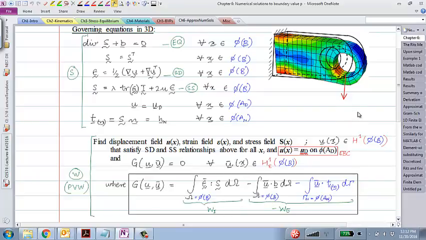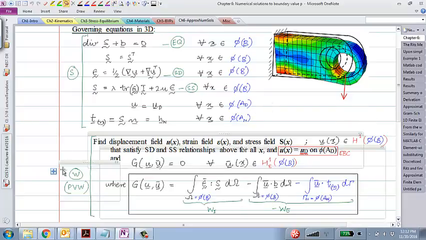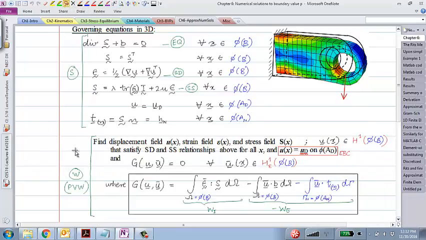So what we are trying to find is displacement, strain, and stress fields that satisfy the strain displacement relationship here, that satisfy the stress strain or the material property relationships here, and that the real displacement has to be equal to the given displacement on the boundary that is fixed.